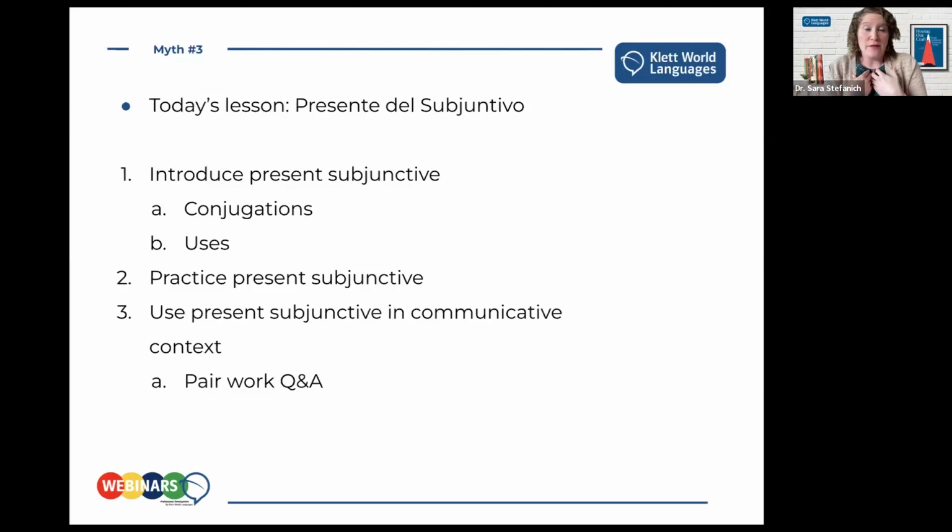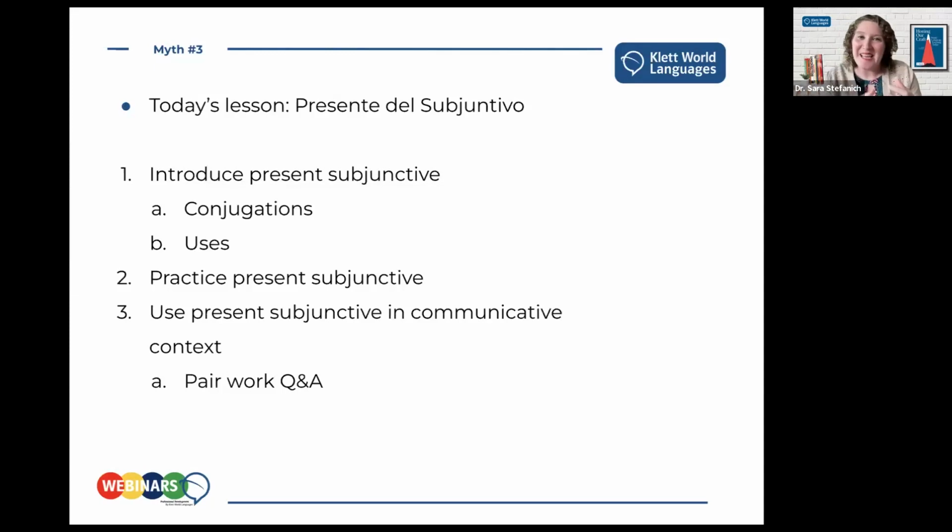And when I feel that my students have achieved the level of accuracy that they need to, that they've understood this, okay, they got it, now we'll move on to using the present subjunctive in communicative contexts, maybe some pair work, Q&A types of activities. Some of you might be saying, wait, is she just trying to talk about the PPP, present, practice, produce model that might be familiar to you?